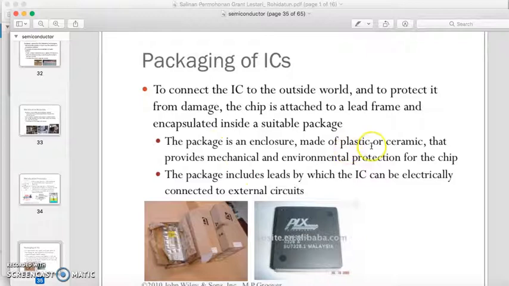Materials that can be used as packaging for IC are plastic or ceramic. For plastic, usually they use a thermosetting polymer. The packaging process also includes the application or assembly of leads to the integrated circuit to connect the circuit to the external circuit.